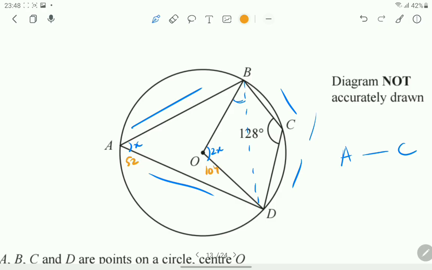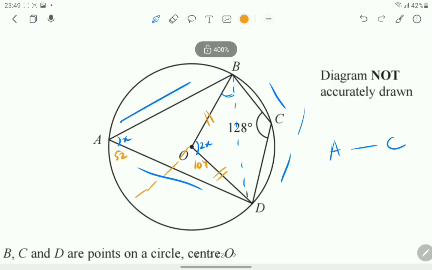We have two angles, and we also know that triangle OBD is an isosceles triangle, because the radius within the circle remains the same. You could draw a line like this and it would also be equal to this line and this line. So we have two equal sides. This makes an isosceles triangle, and since the sum of angles in a triangle is 180 degrees, these two angles are identical. This is a property of an isosceles triangle, and we now know that this is 104.